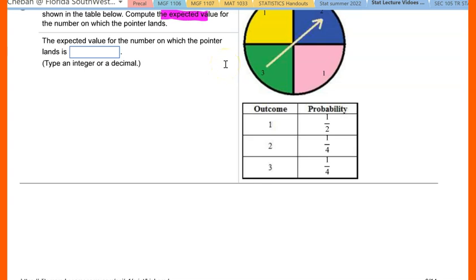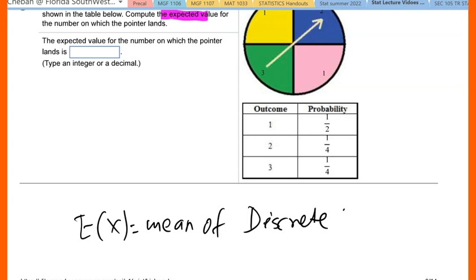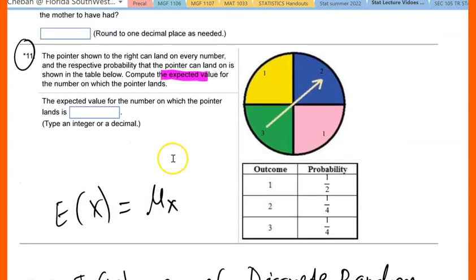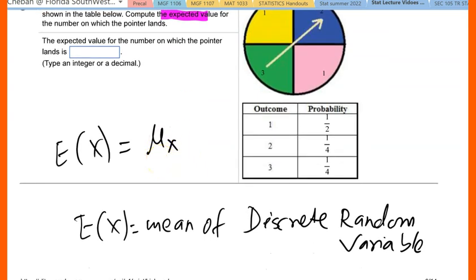Expected value is also the same as the mean of the discrete random variable. I should say expected value is the same as mu of x. Therefore, the way you found mu of x, the same way you can find the expected value. To find mu of x, you need two things: the outcome, that's x, and the probability, that's p of x.